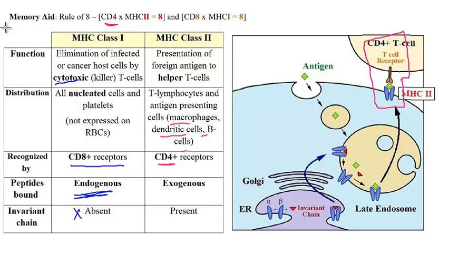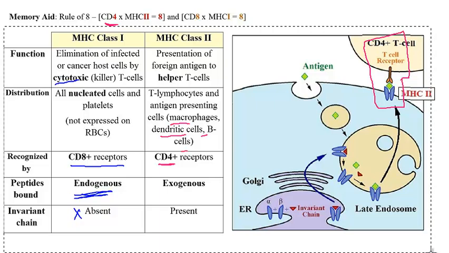So one memory aid that I have here for you to remember that MHC1 is being recognized by CD8 positive T cells is that 1, so MHC1 times 8, which is CD8 positive cells, is equal to 8. And you recall I told you MHC2 is being recognized by CD4 positive T cells, so that equals 2 times 4.